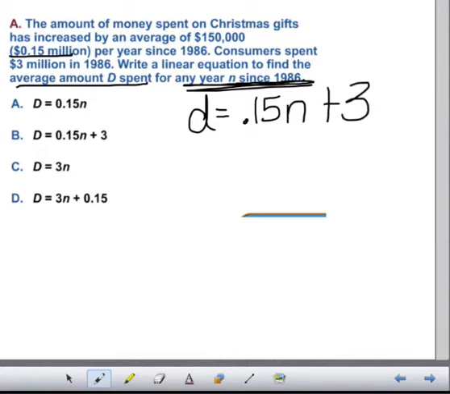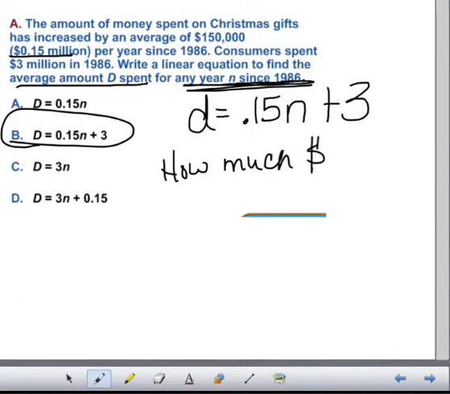Spending $3 million. So I'm just using 0.15 and 3 rather than writing those out in like 150,000 or 3 million. So that's going to be my equation for finding out how much money they spent since 1986.